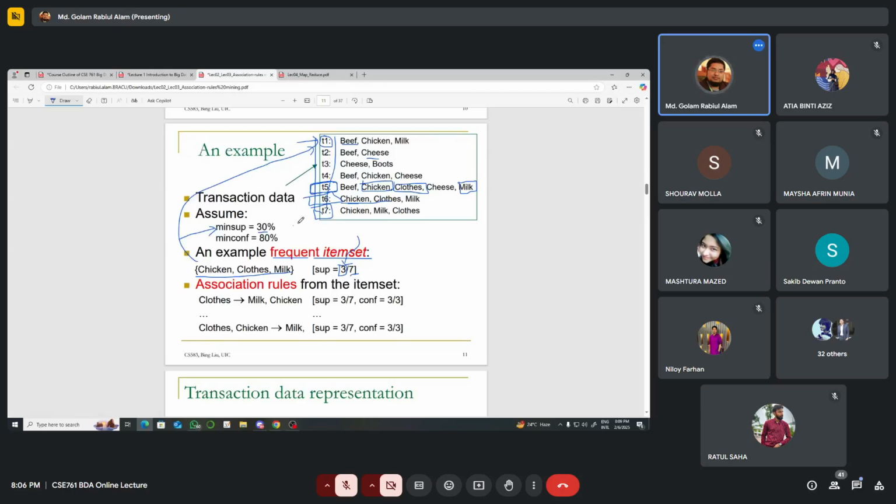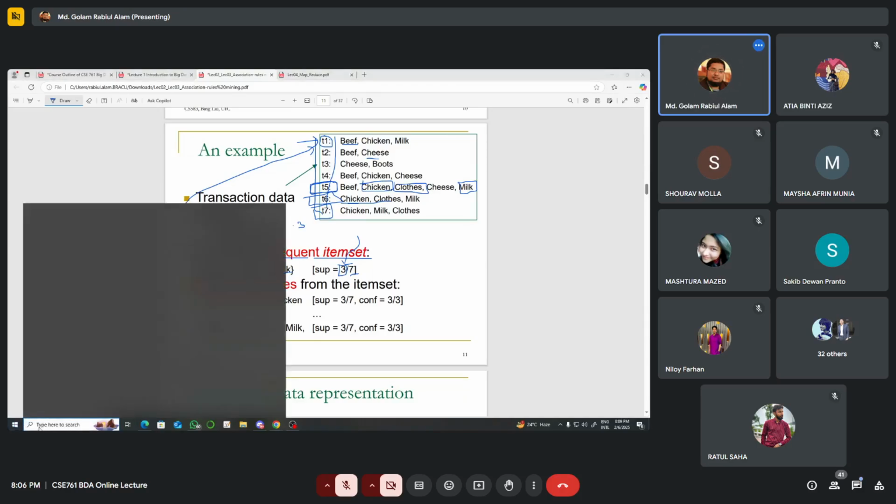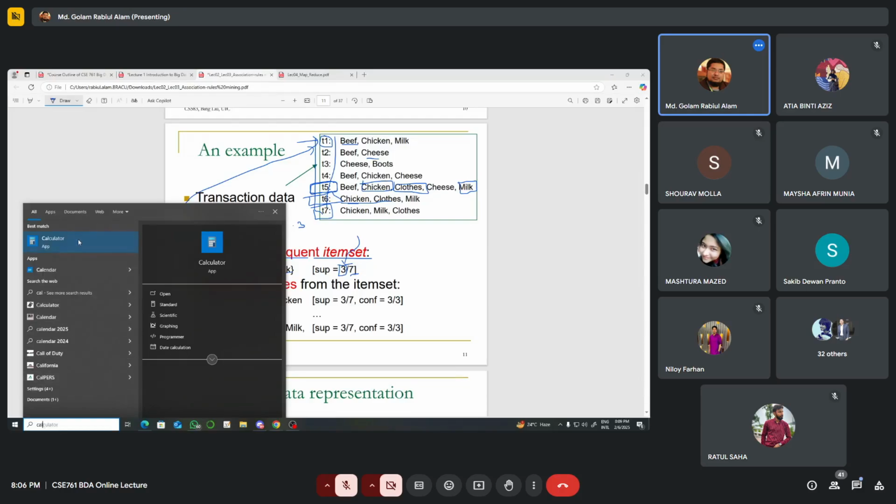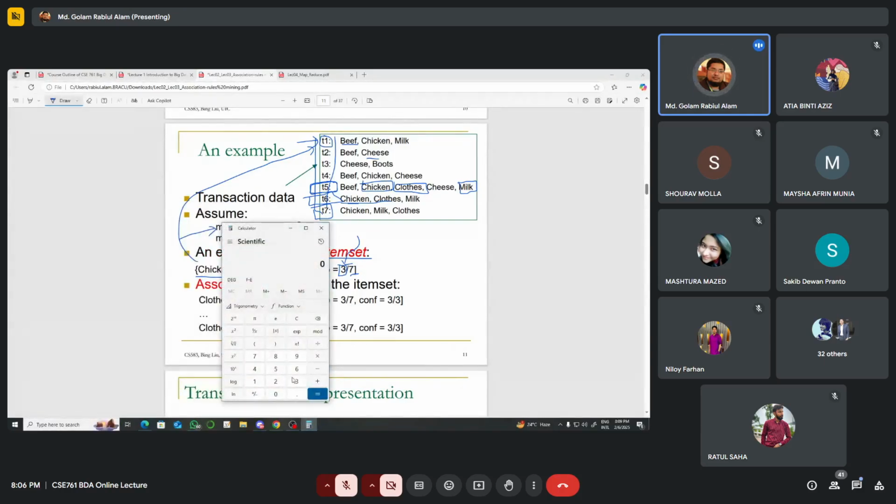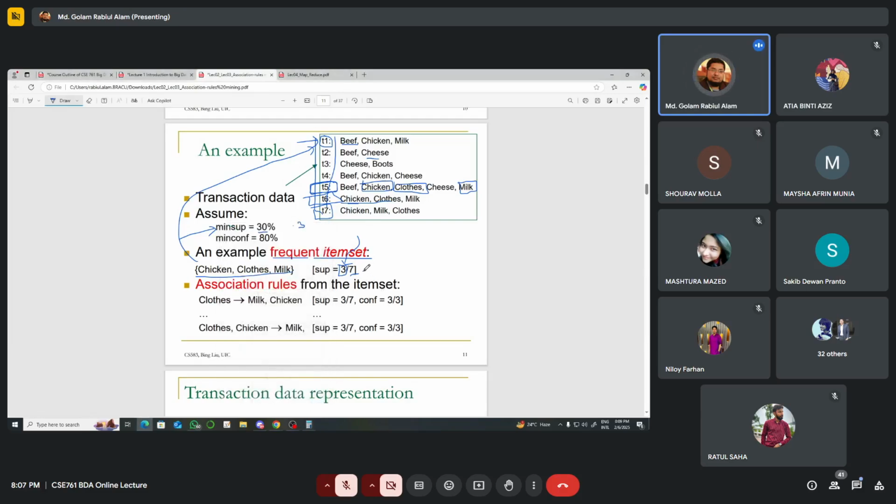We can see 3 by 7 equals 0.428, so the support is 0.428, which is greater than the minimum support threshold of 0.3. So we can consider this one a frequent item set in that case.